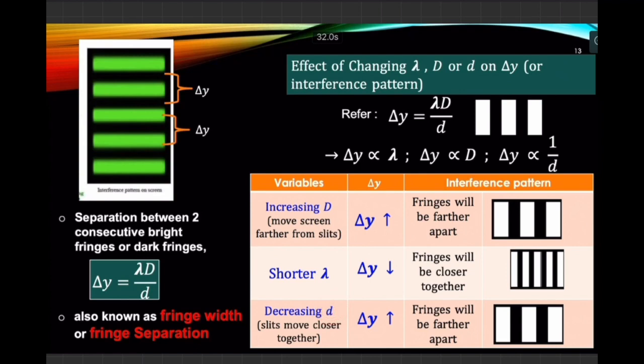And if we decrease the D, meaning that the slit moves closer together, delta y will increase and the interference pattern will also be further apart. As you can see, the fringes between bright to bright, dark to dark are increased.